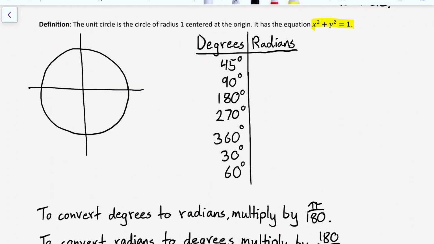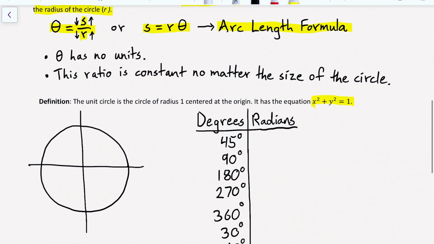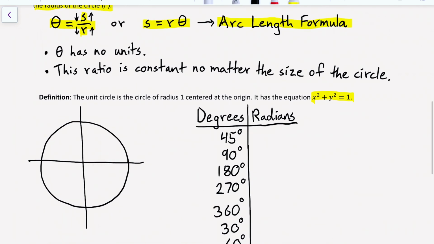If I am using the unit circle and I look at the ratio above, theta equals s divided by r, then r equals 1. And so for the unit circle, we simply have the radian measure, theta, equals s, which is the arc length subtended by the angle.